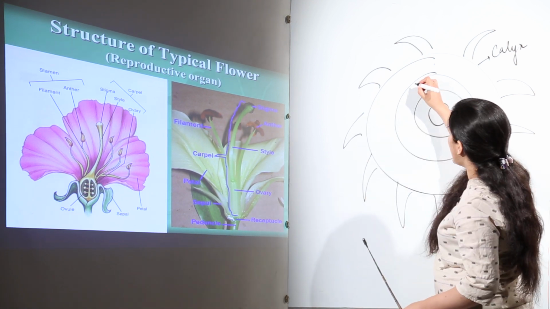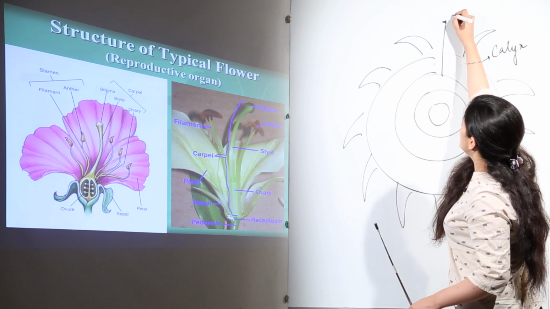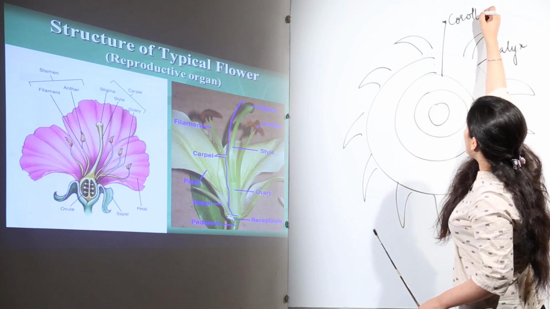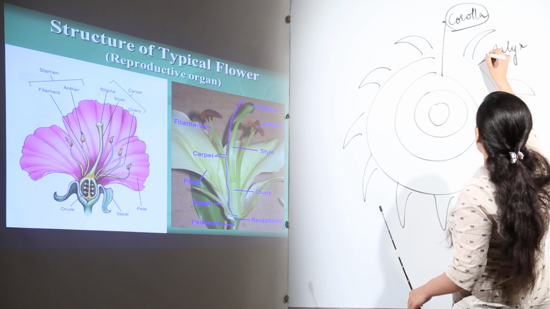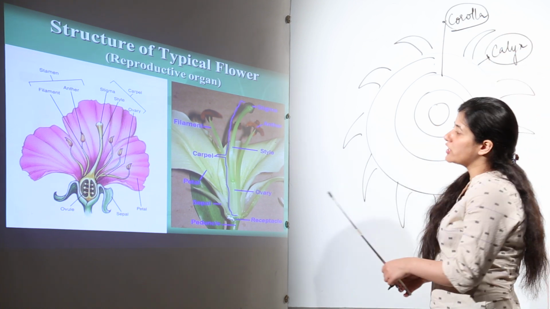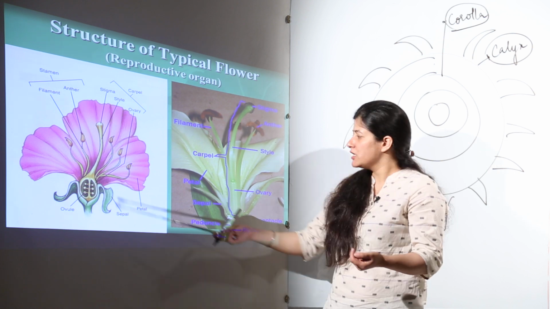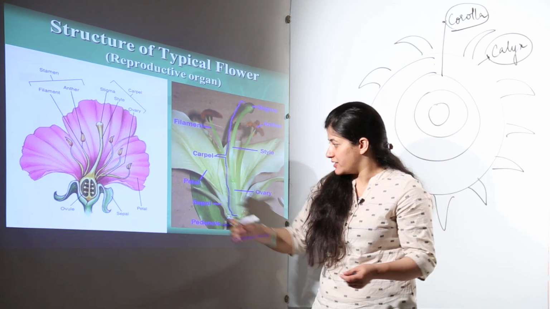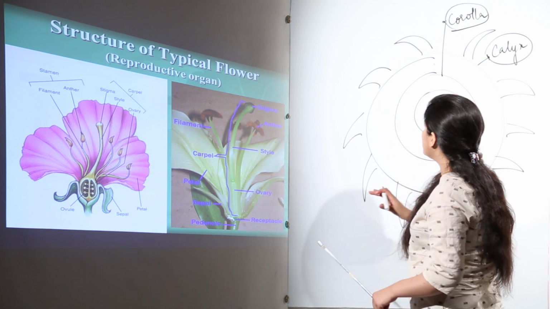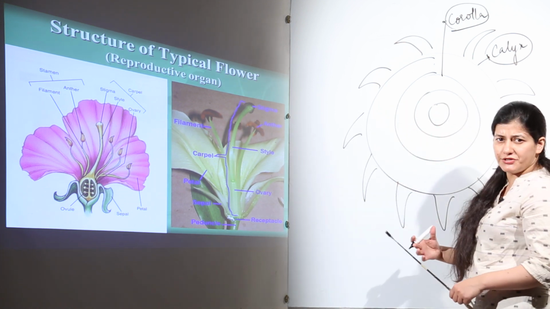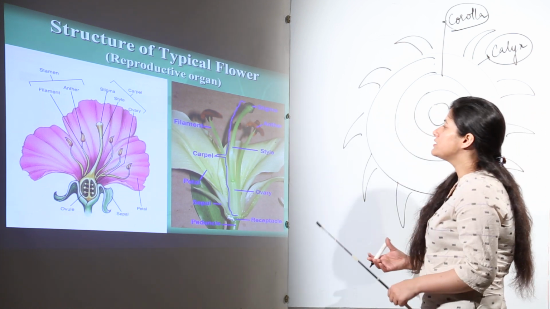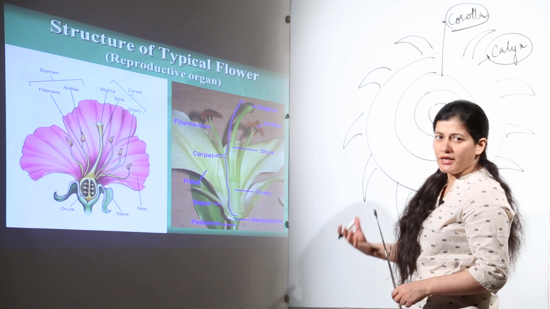Then inner to it lies the second whorl that is known as corolla. Calyx and corolla are the names of the whorls and the appendage happens to be the colorful petal, huge sized or small sized. This is the petal that is present. Now, it is brightly colored to attract the insects if the plant is pollinated by the insects.